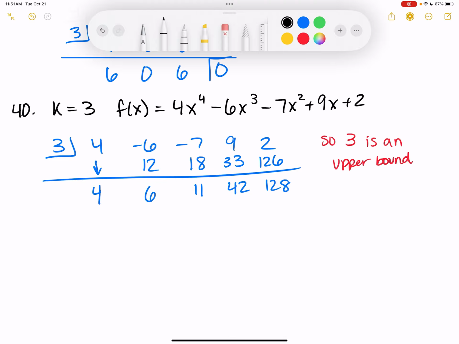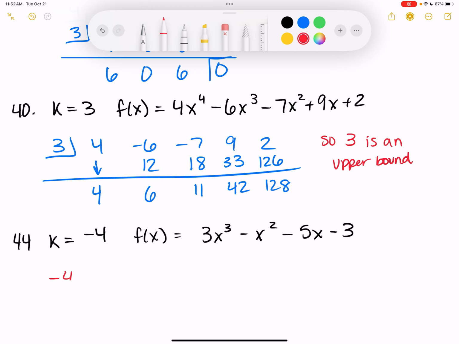Number 44. K is equal to -4. F of x is equal to 3x cubed minus x squared minus 5x minus 3. So we put -4 here, and then I've got 3, -1, -5, -3. Bring down my 3.